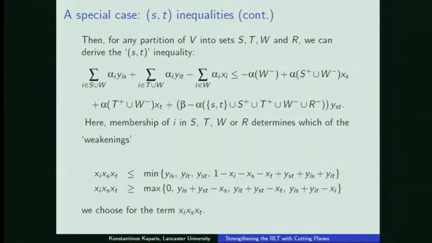Now, by using our lemma, which I again write over here, we are able to get the following form of the ST inequalities. What we are doing actually here is that we partition our set V into 4 different sets. And these sets are somehow linked to which of the weakenings we apply based on our lemma.